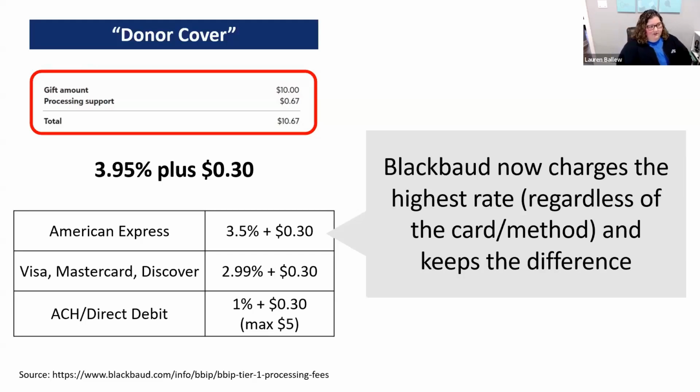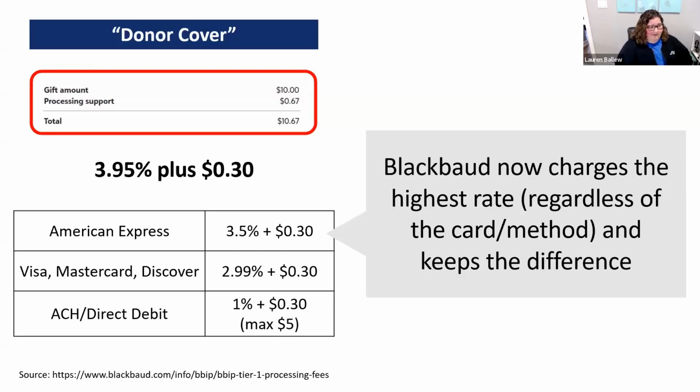Now they charge the donor the highest rate, which is currently an Amex rate, anywhere between 3.5 and 3.95, they charge the donor that on every card, and they give you what you paid.